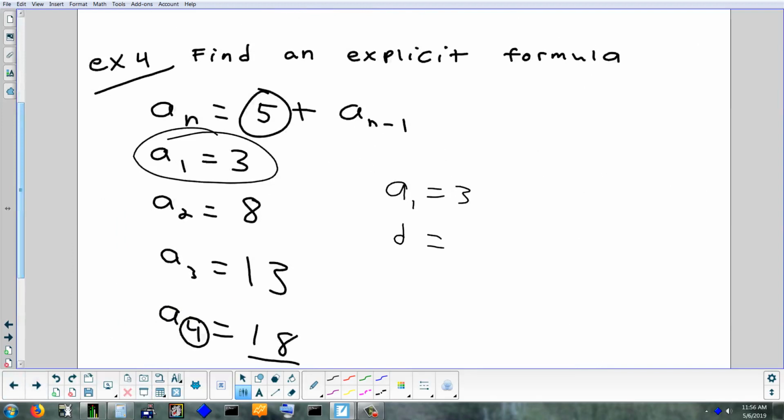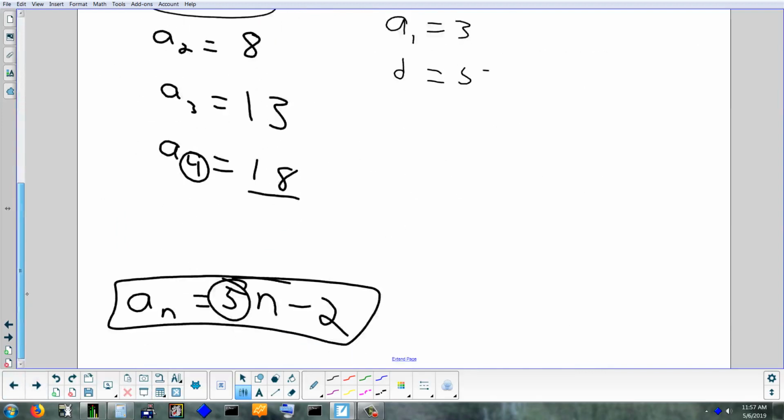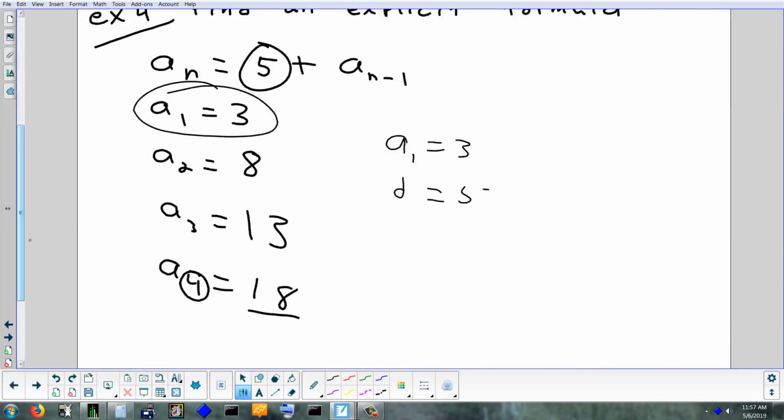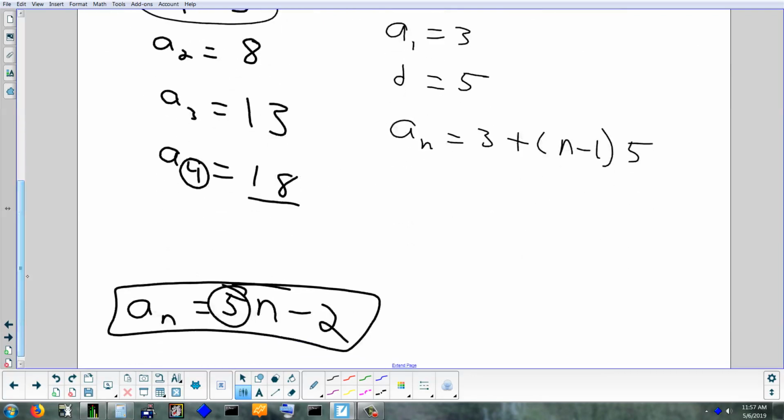And the common difference was 5. 18 minus 13 is 5. 13 minus 8 is 5. So if I had to come up with a formula for this without trying to guess what it was, all we have to do, it's the first term plus n minus 1 times d. There's your formula. Now, it doesn't look the same as that, but that's because it's not FOILed out. Just distribute it out.